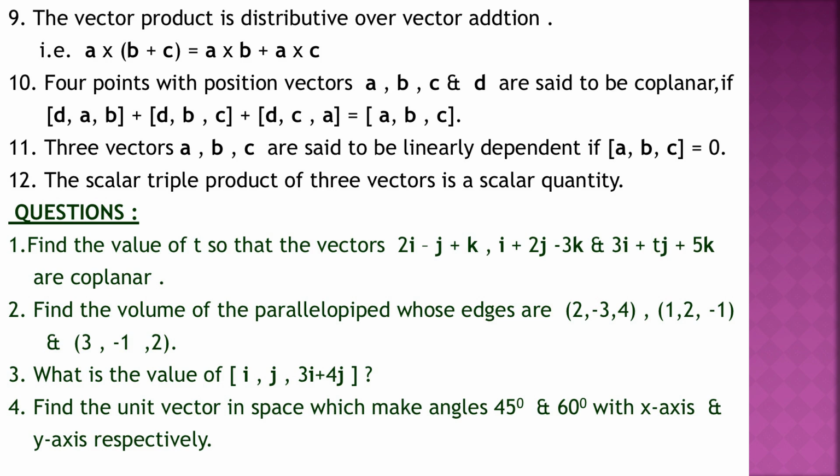Another question: find the unit vector in space which makes angles 45 and 60 degrees with the x axis and y axis. If a unit vector makes an angle 45, this is cos 45.